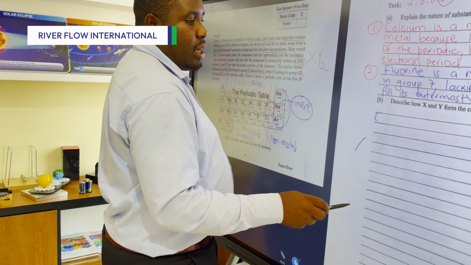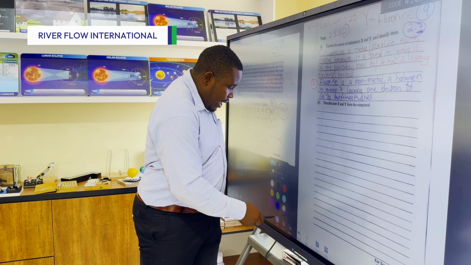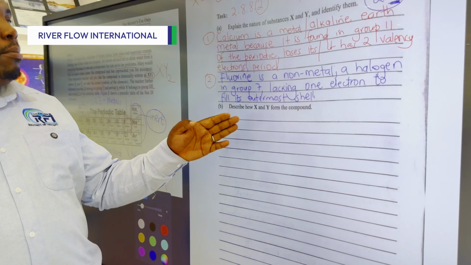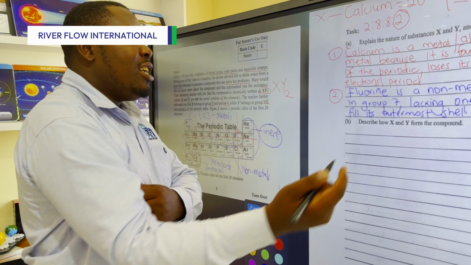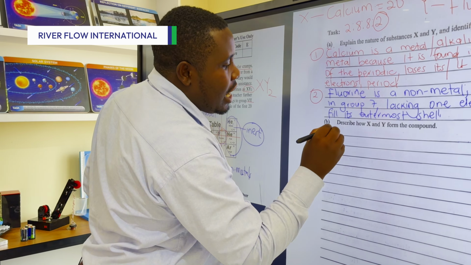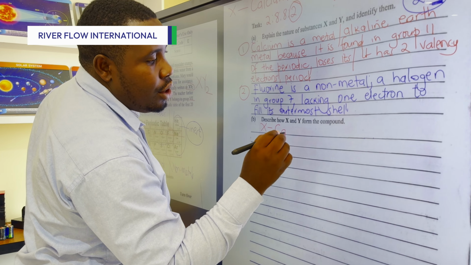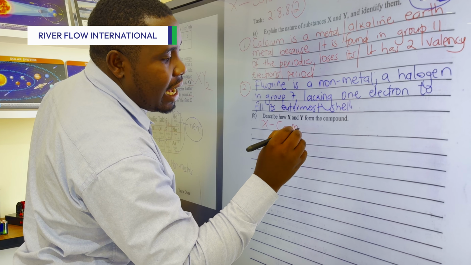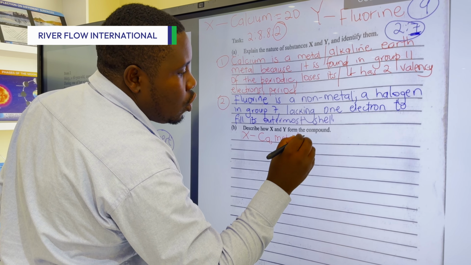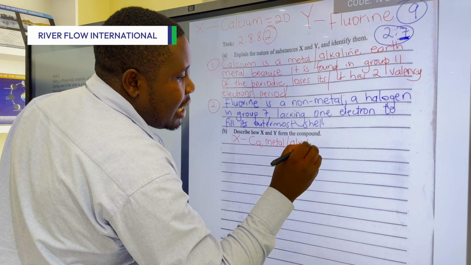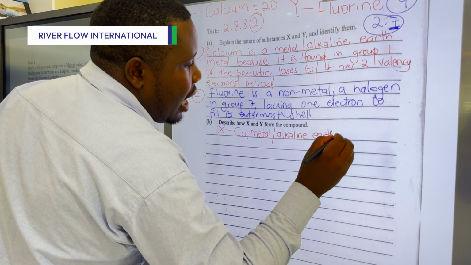So let's now go to part B of the question, which requires us to describe how X and Y form the compound. Let's go for it. Now, we have already identified that X is calcium, which we have identified as a metal in group 2, which are also called alkaline earth metals.